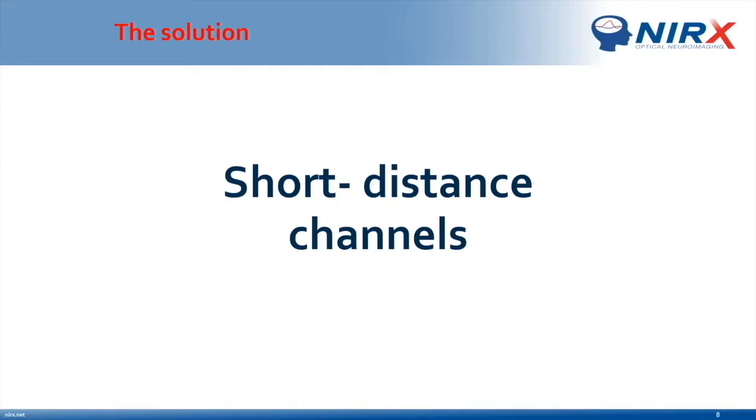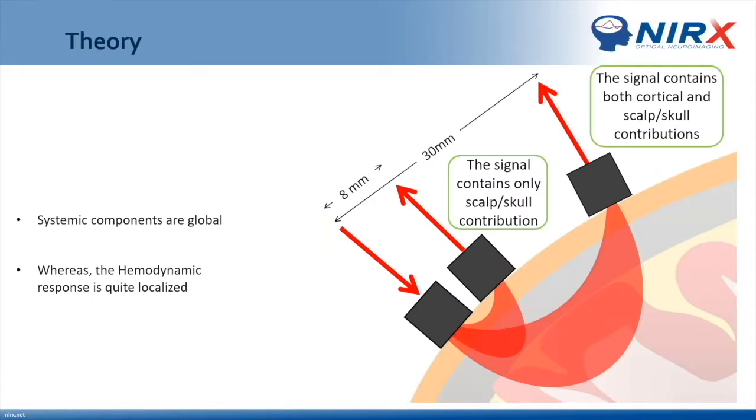The theoretical basis of this concept is the fact that systemic components are global in nature, which means that the blood pressure, the heartbeat, and the respiratory components are present all over the brain, whereas the hemodynamic response is quite localized. Given that the distance between a source and detector is directly proportional to the depth of photon penetration, our standard channel will contain both cerebral and extracerebral contribution.